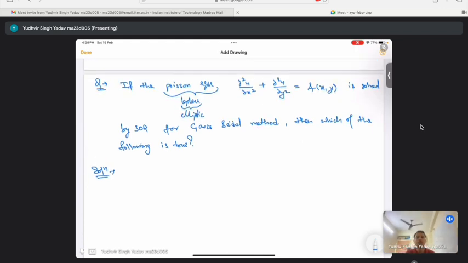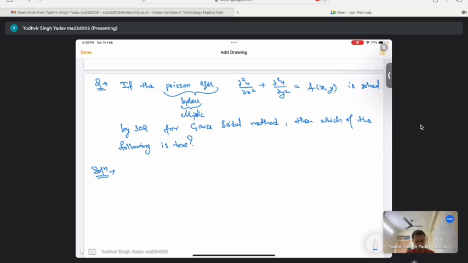So this is the question, that if a Poisson equation, that is a Laplace equation, is solved by SOR or Gauss-Seidel method, then which of the following is true?